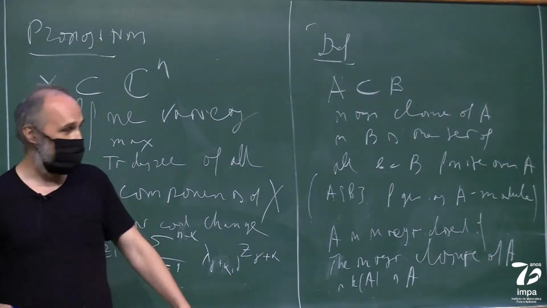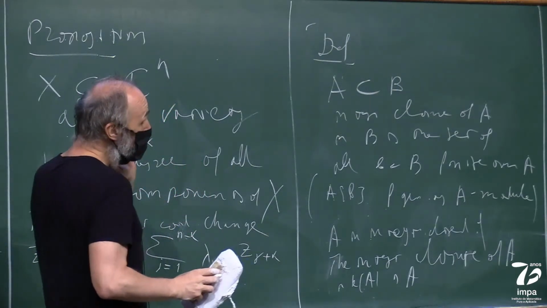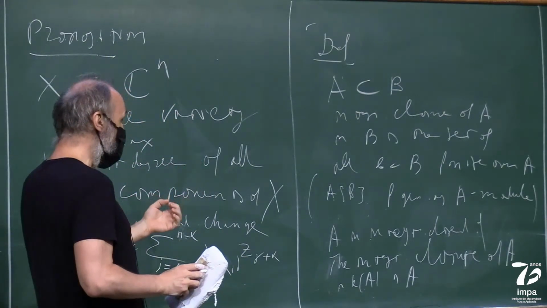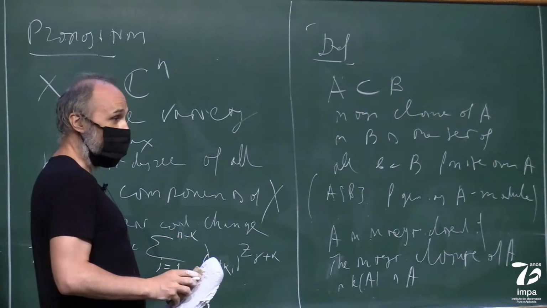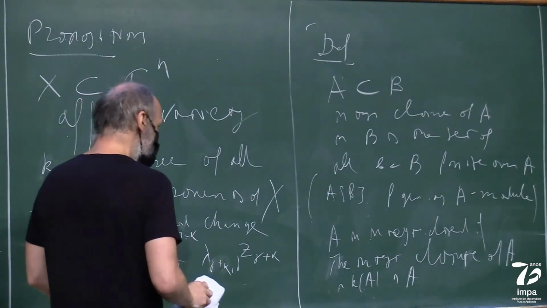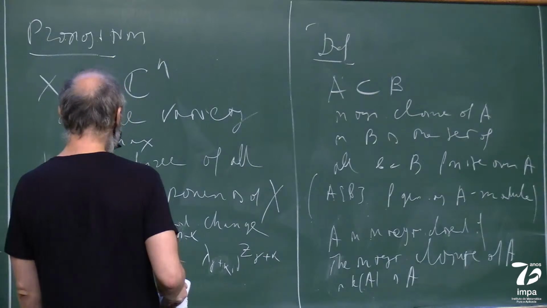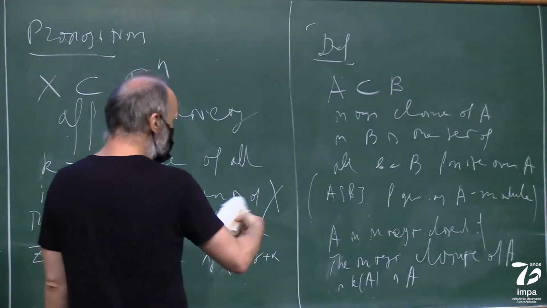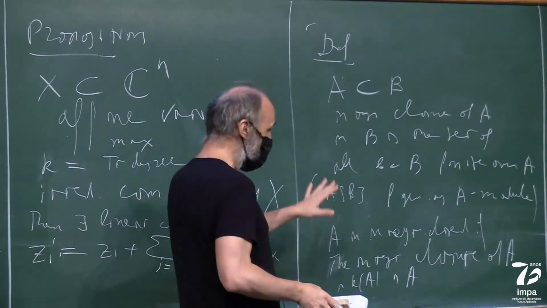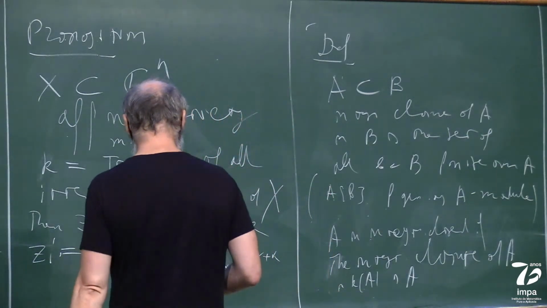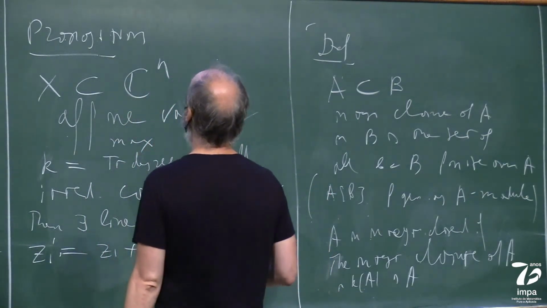Otherwise, we don't have a fraction field. But in a couple of slides, you will see a definition of normality which works generally, a normalization. So you can modify the definition in such a way that it works even when you have zero divisors.